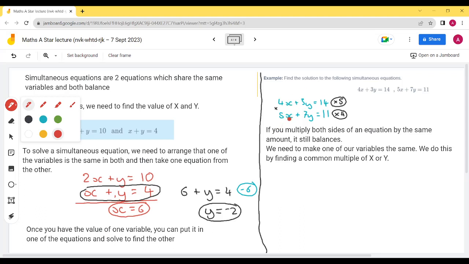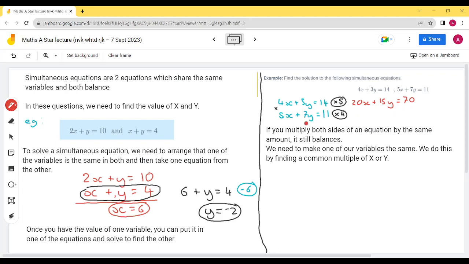We'll change the value of our variables. So we've got 4x times 5, and that gives us 20x. We have got then 3y times 5, which gives us 15y. And we've got 14 times 5, which gives us 70.